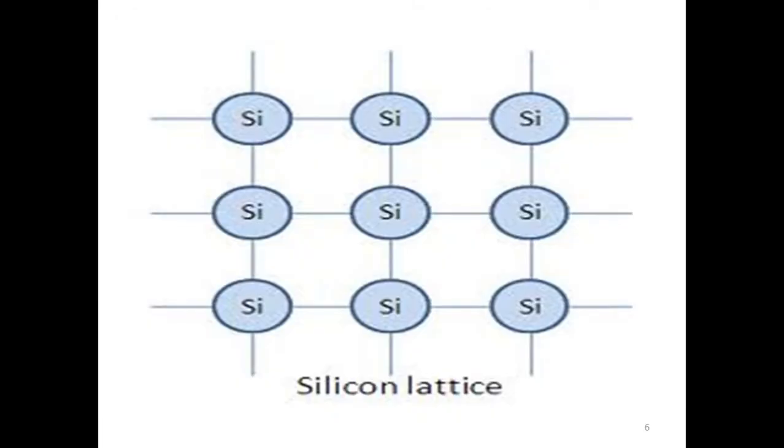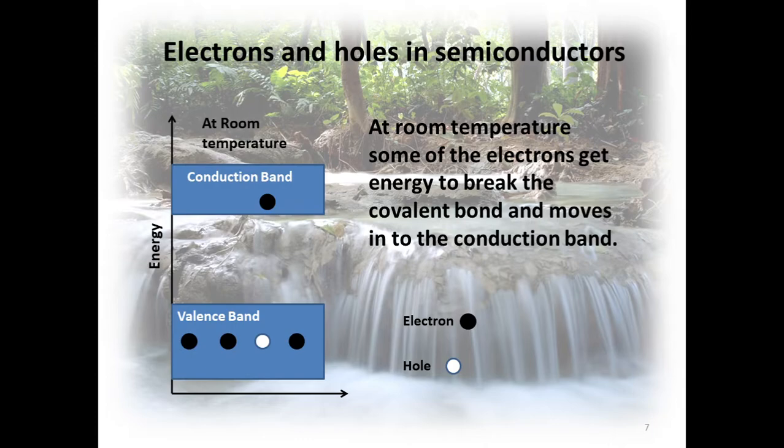Now if you go for silicon, it has 4 electrons in its outermost shell. So this is the lattice structure of silicon. Now if you supply energy, meaning if you increase the temperature, some of the electrons from the valence band go to the conduction band, creating holes in the valence band.